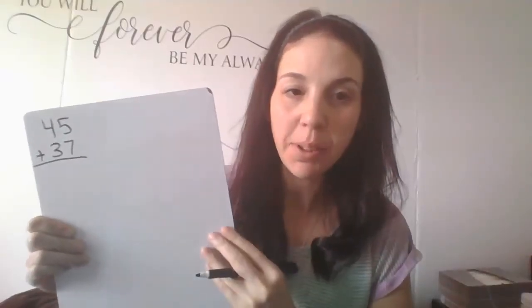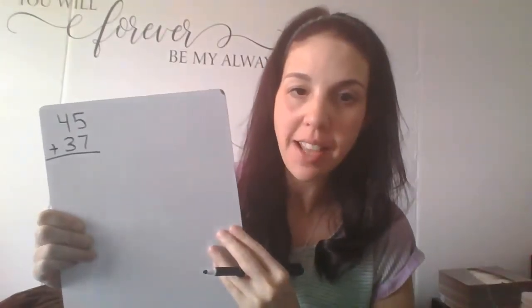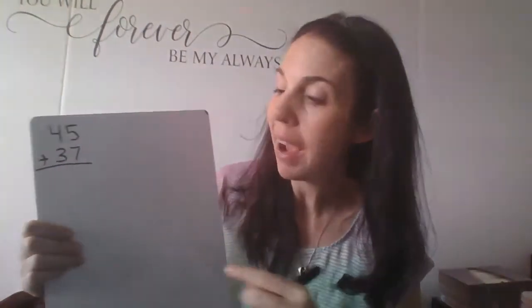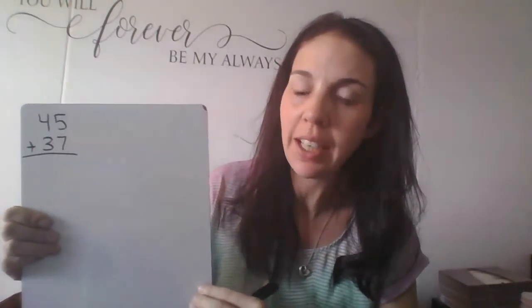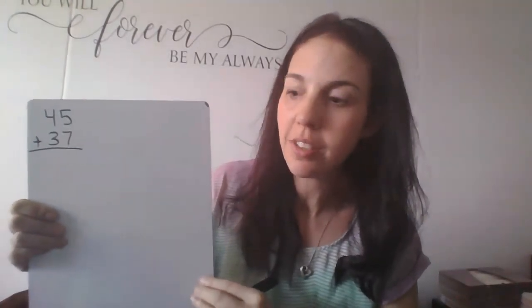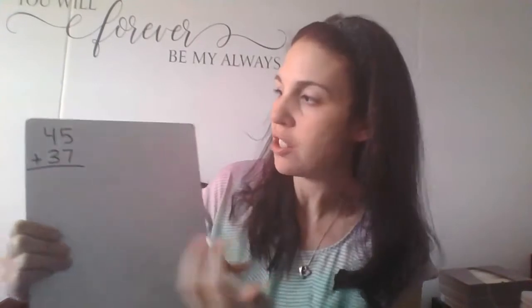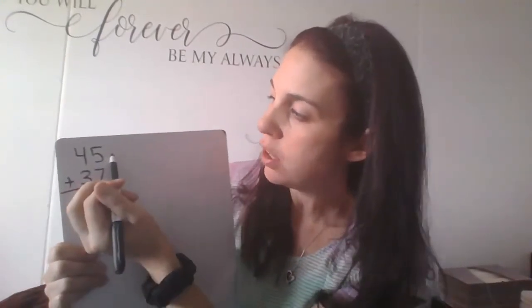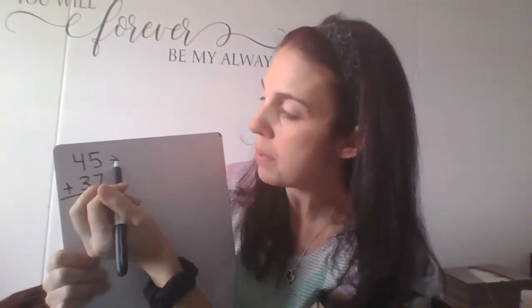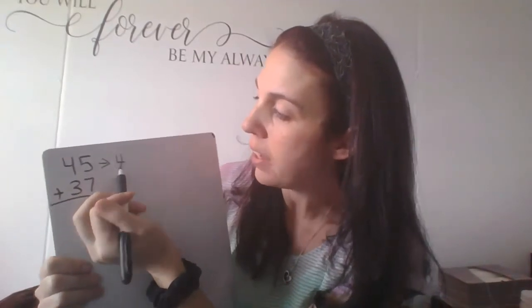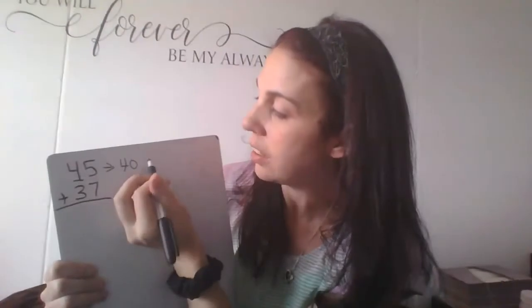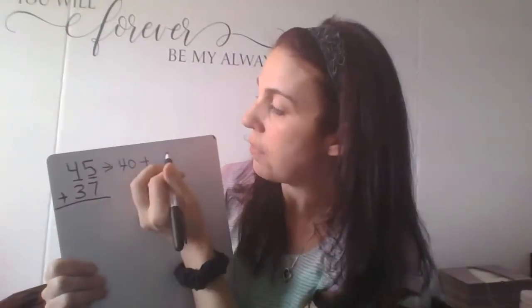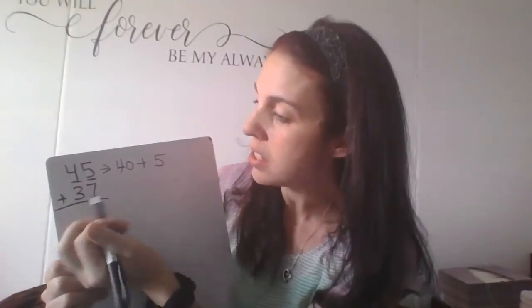Okay, our next problem is 45 plus 37. And for this problem, I am going to show the expanded form because I think that helps figuring out the totals below strategy. You don't have to do expanded form to solve it, but we know that this 4 is really 40 plus, and we know the 5 is just 5 ones.